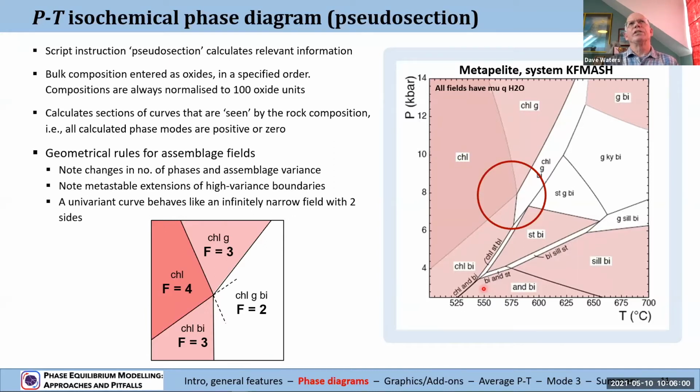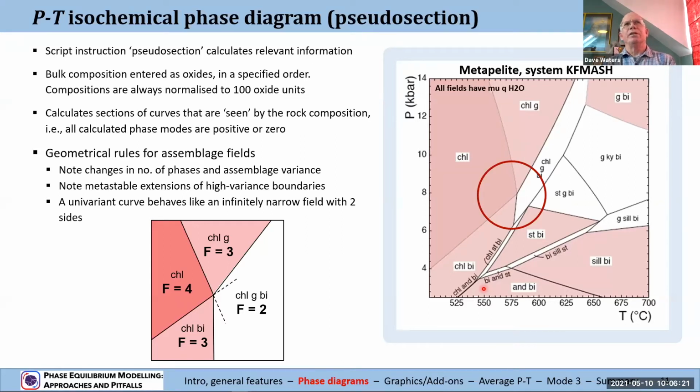The script instruction in THERMOCALC, pseudosection, will calculate the relevant information for you to calculate a diagram like this. Again, there's bits of geometry you need to understand, because what this calculation does is find sections of curves that your rock composition will see, that will be experienced by the rock you're interested in.